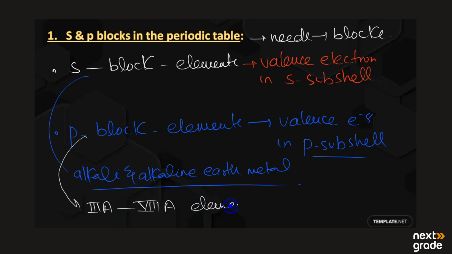Their valence electrons are present in the P subshell, so that's why they are known as P block elements. So we can find the elements from their valence electrons very easily. That's why the periodic table has been divided into blocks by the names of their subshells.